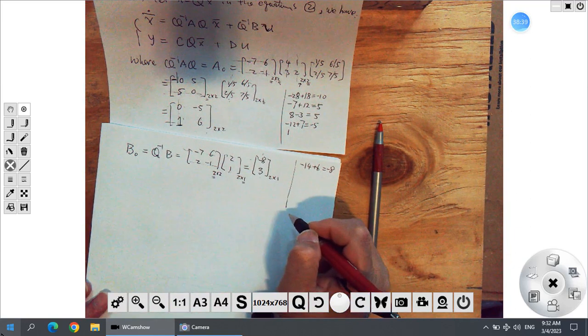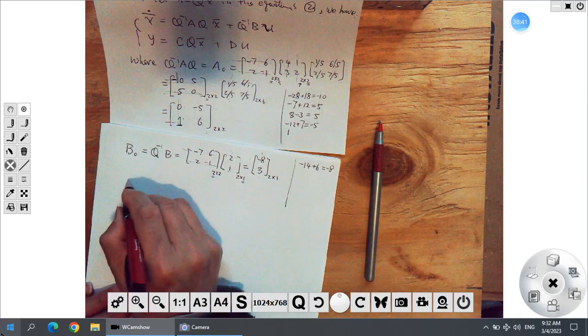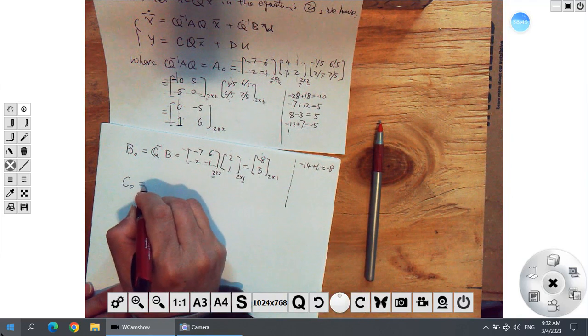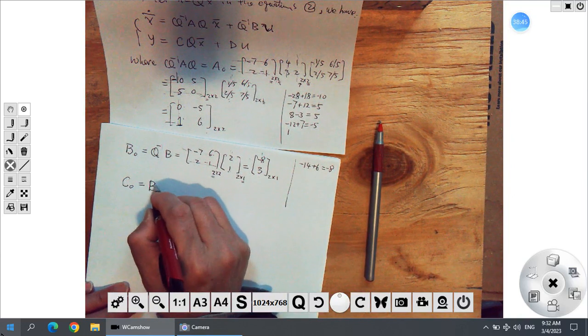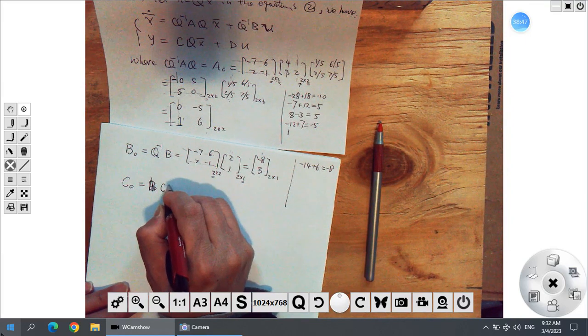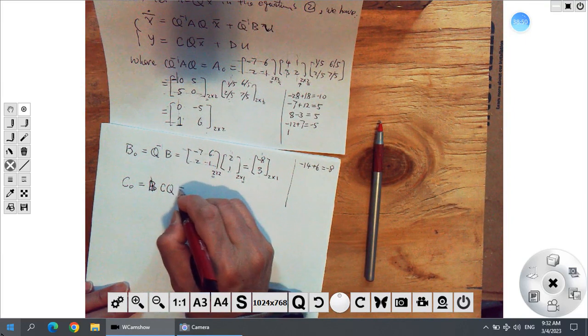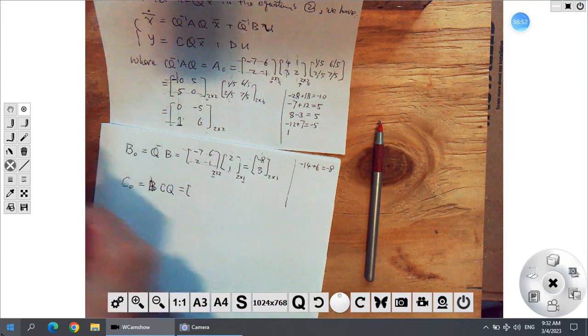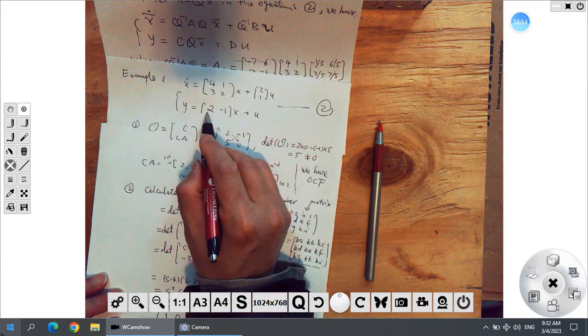So this is BO. And the CO, it will be not B, it will be C times Q. C is, check the original, C is here, 2, negative 1.